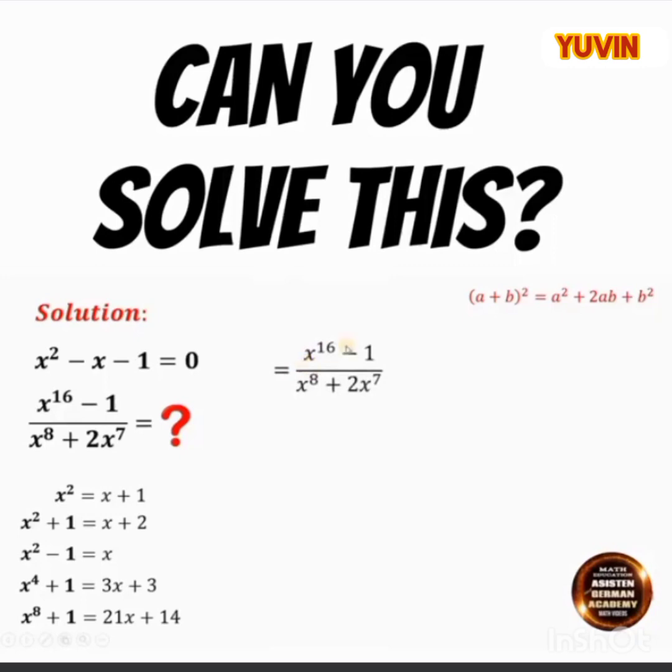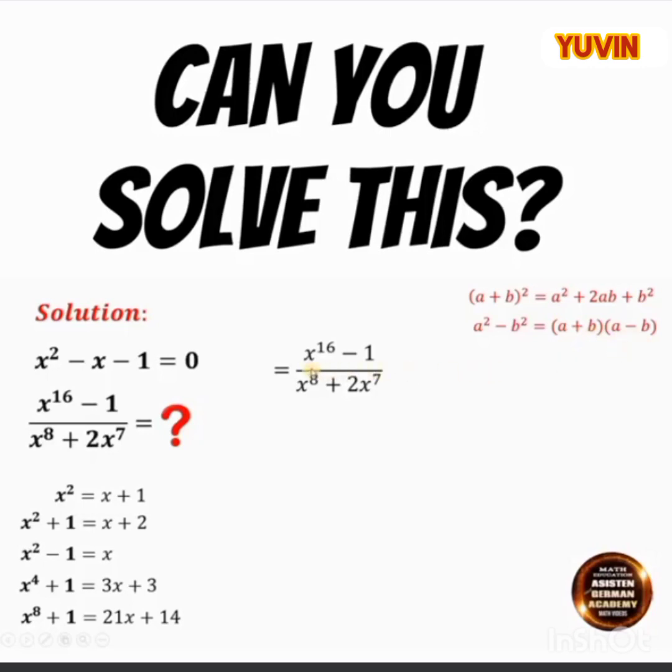So let's take x raised to 16 minus 1 all over x raised to 8 plus 2x raised to 7. On the numerator, we have a perfect square minus another perfect square. Therefore, we can use the difference of two squares. If we have a squared minus b squared, it is equal to a plus b multiplied by a minus b.